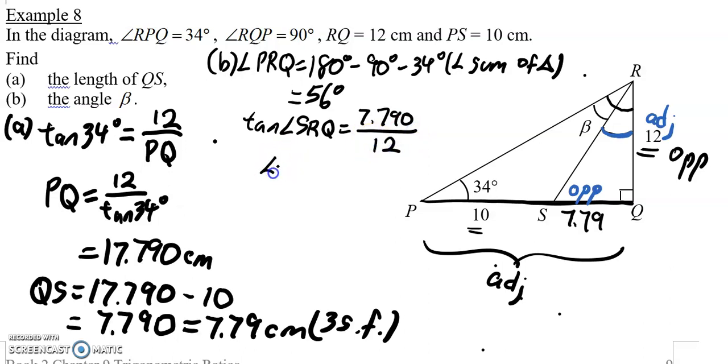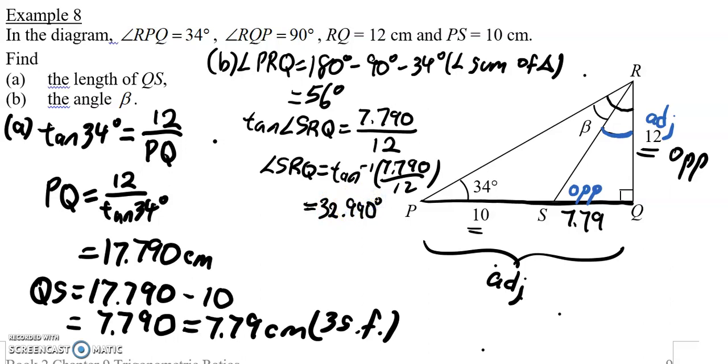So angle SRQ is equivalent to arctangent 7.790 divided by 12. This gives me 32.990 degrees.